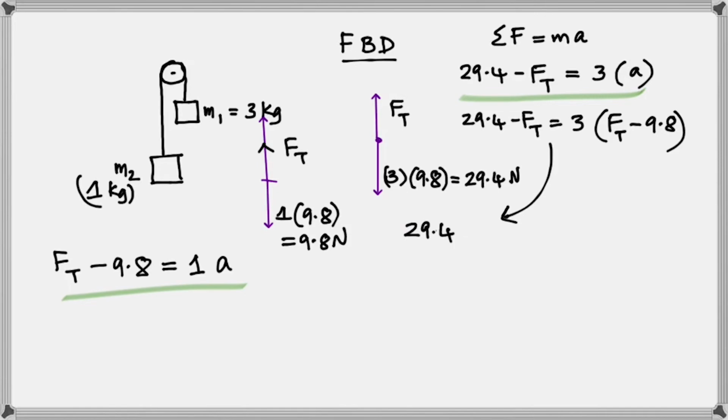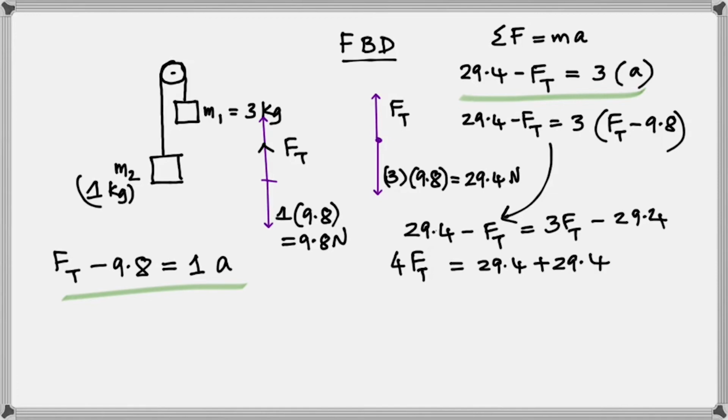To save time, 29.4 minus Ft is 3 times Ft minus, again we get 29.4 on this side. Do we? Okay, collect the Ft terms on one side, you will get 4 Ft. Because I took the negative Ft to the other side, that's 4, and then that would make it 29.4 plus 29.4.